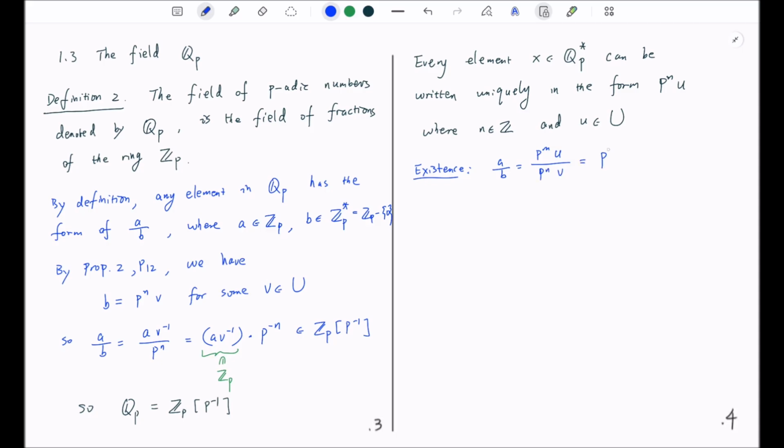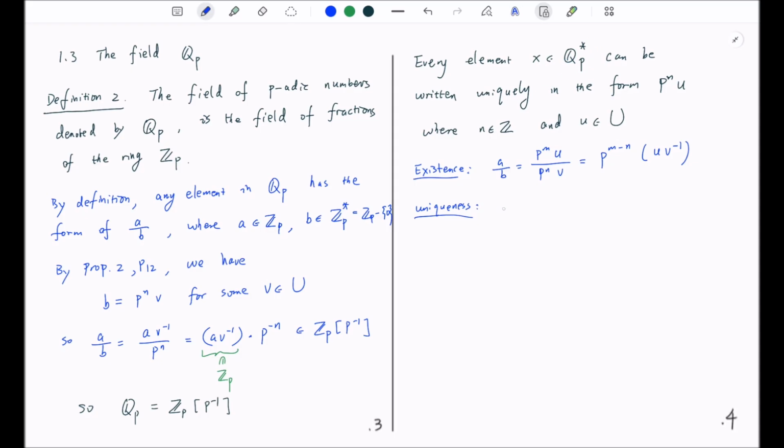And this can be simplified to p to the power m minus n and u v inverse. And here m minus n plays the role of n. For the uniqueness, we will simply invoke the corresponding uniqueness for the factorization in Z_p star.